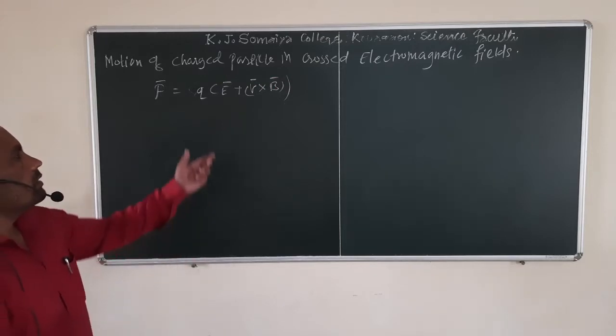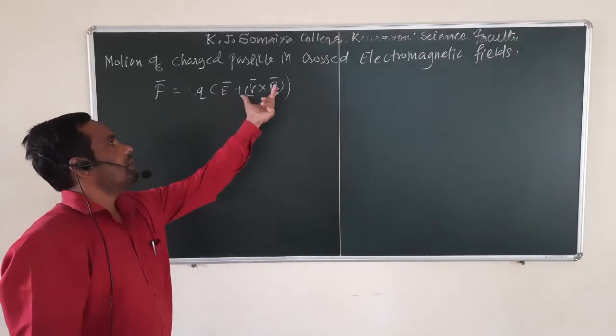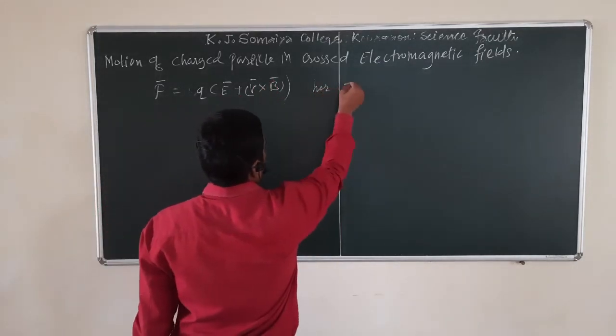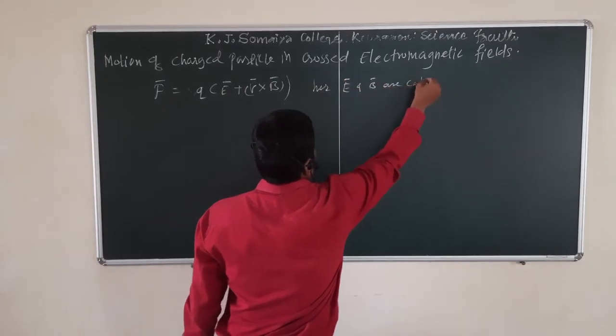Now here we have an electric field as well as a magnetic field, and both fields are perpendicular to each other. Here E and B are constants.